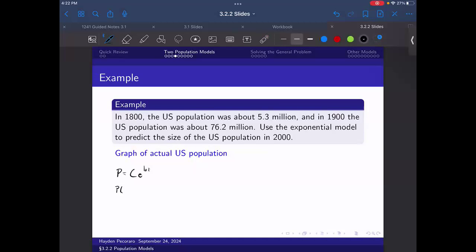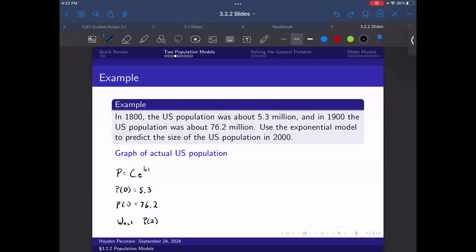So what we have here is p of 0 equals 5.3. And then all of that scaling stuff I just said means that we have p of 1 is 76.2. And we want the value of p of 2, or question mark, because that is 100 years plus 100 more years past 1800, which would be exactly 2000.